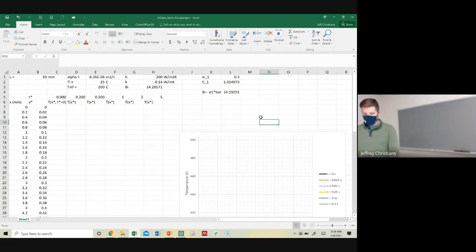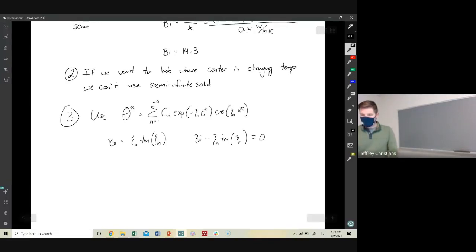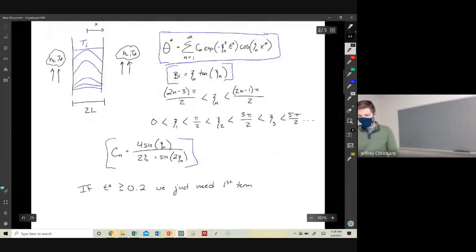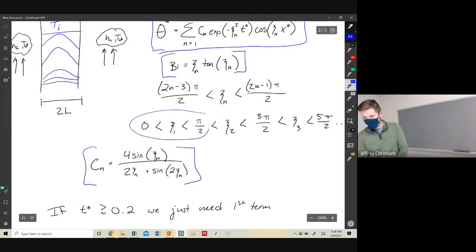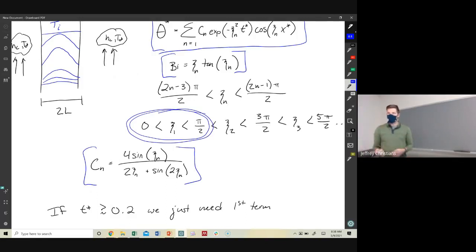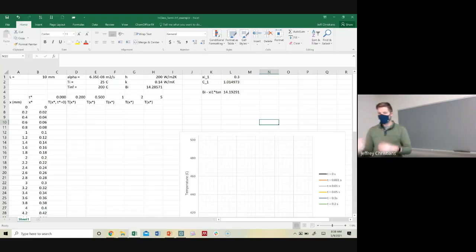So I know a couple things about it though. I know it has to be, for the first one, it has to be here. So I made up a number between 0 and pi over 2, like 0 and 1.5. I picked a number. And then what we're going to do is, so we have to solve this numerically.